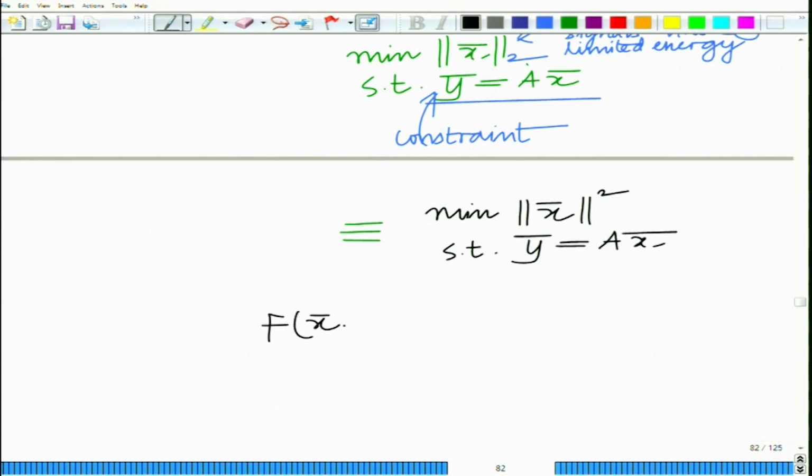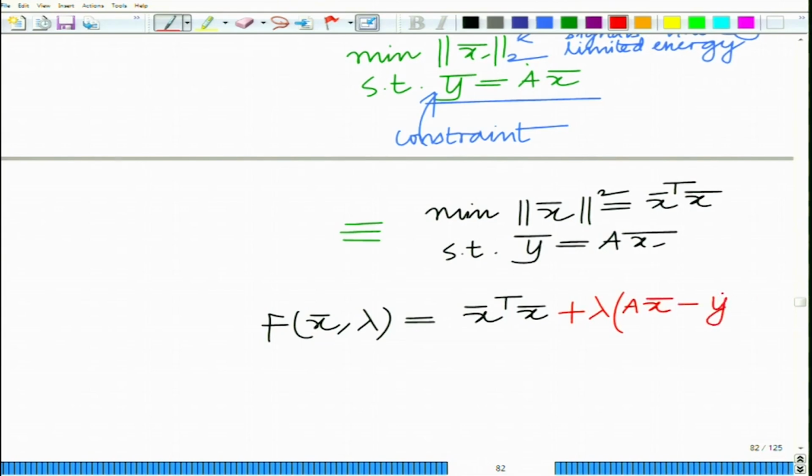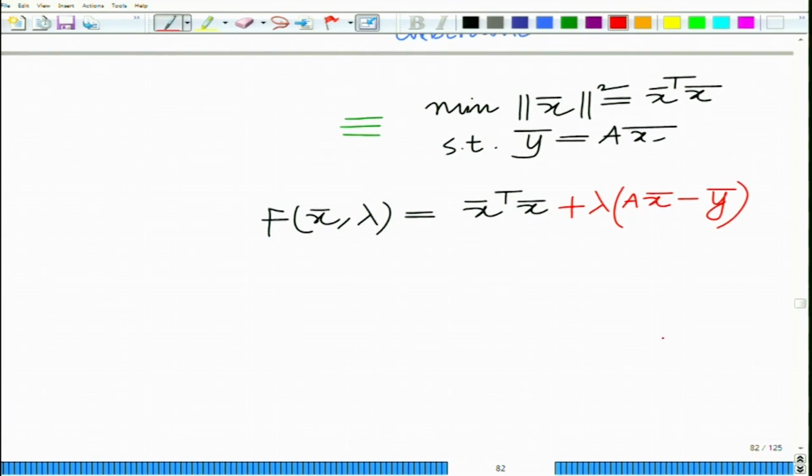Therefore, one can form the Lagrangian, which is equal to the objective function norm x bar square, which is nothing but x bar transpose x bar, plus lambda bar transpose times A x bar minus y bar. Remember, how many constraints do you have?